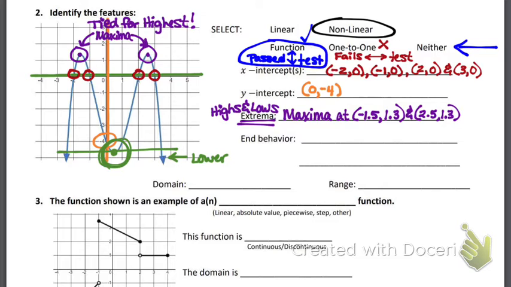It's not the lowest, so we call it a relative minimum. So I'm going to add that under here. We have a relative minimum at, and now I have to name that ordered pair.